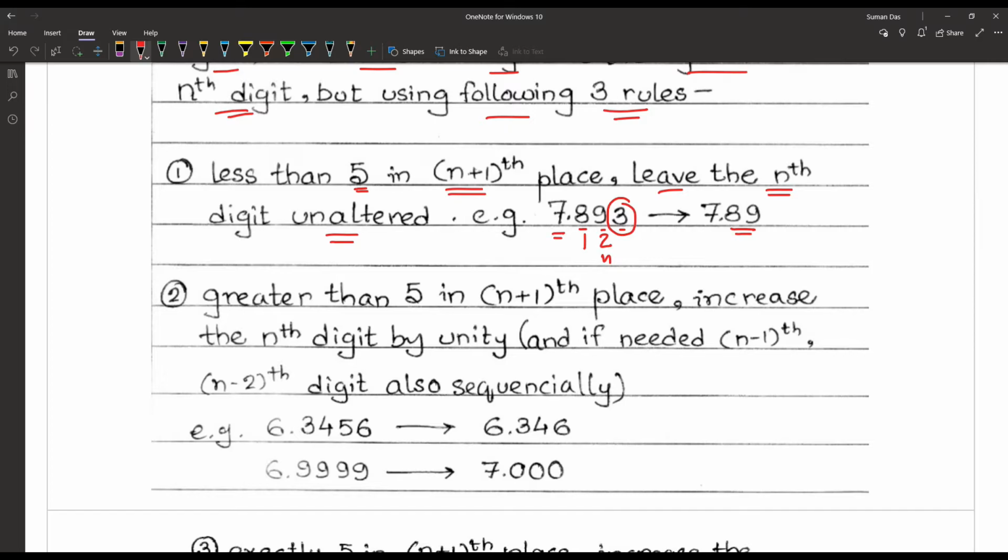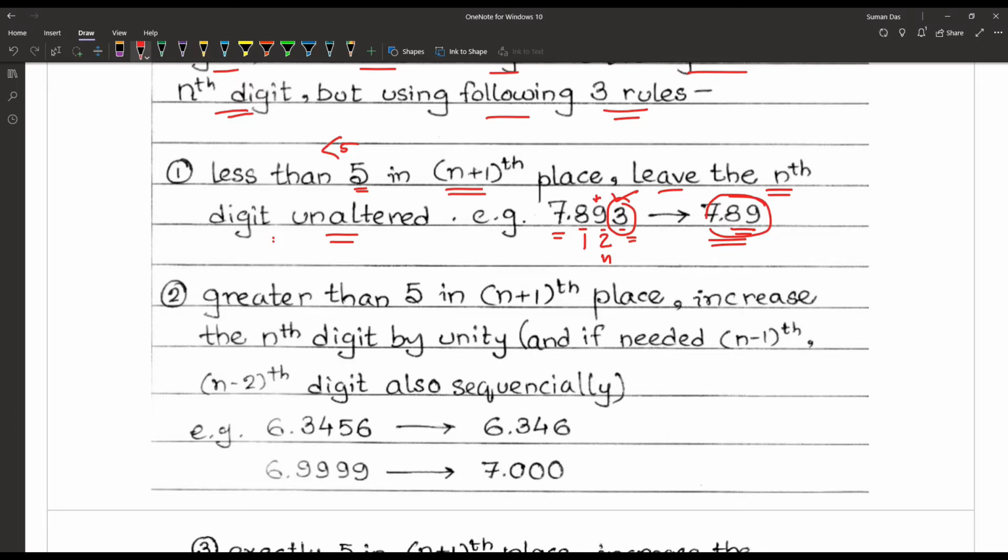That means after the second place, the digit value is 3. That is less than 5. So when that is less than 5, just leave the nth digit unaltered. That means just leave the second digit unaltered. So that becomes 7.89 up to 2 decimal places.